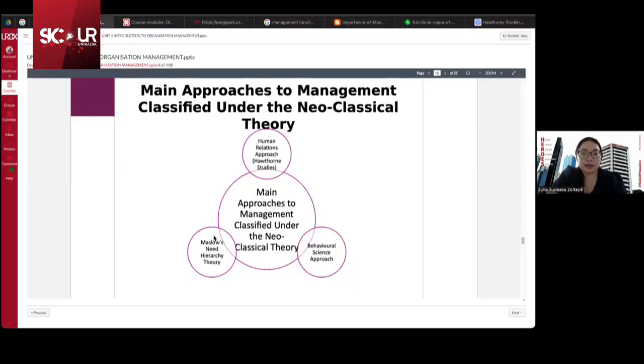Okay, and then Maslow's hierarchy of needs theory. I think we're going to learn this in motivation later. Maslow introduced the theory of needs, where he suggested that as an employee, we have a pyramid to satisfy. We cannot jump to another level if our basic need is not fulfilled.